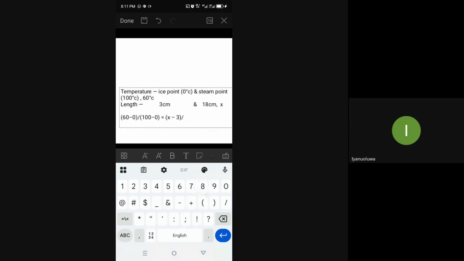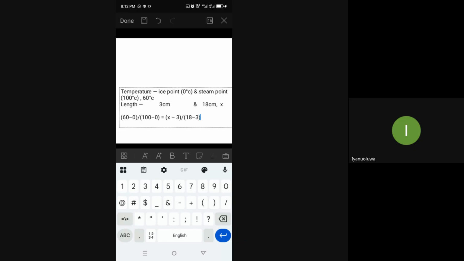Look at the temperature side again, the denominator, steam point minus ice point. So at the right hand side, which is for the height of the mercury in the thermometer, it will be the height at the steam point minus the height at the ice point. You remember that I told you whatever you do with the temperature, you will do with the height. 60 minus 0 means the known temperature with unknown height minus ice point.